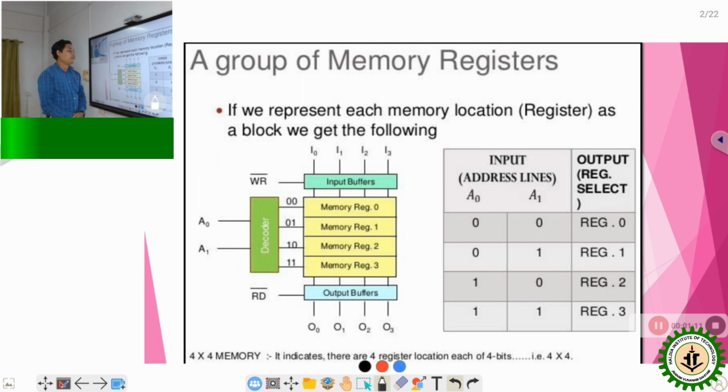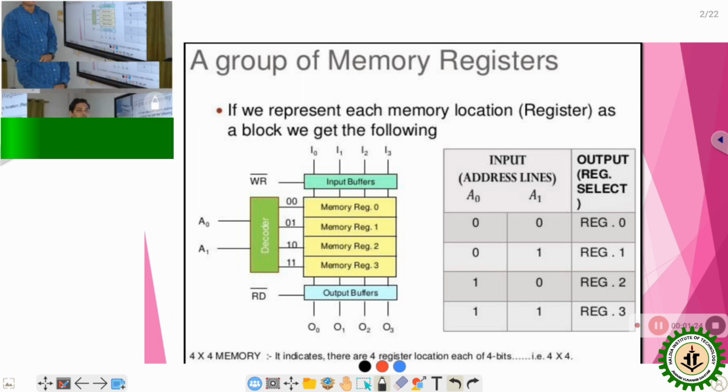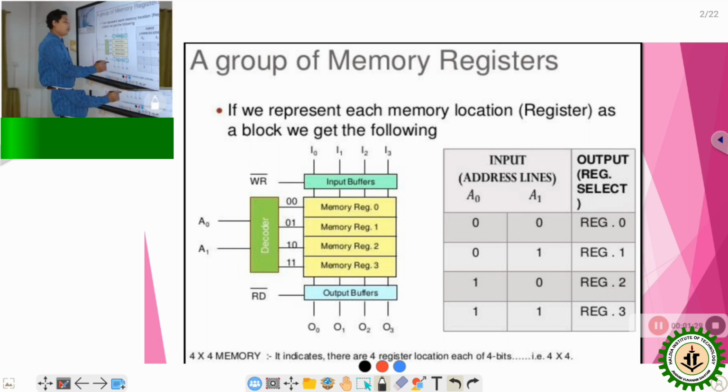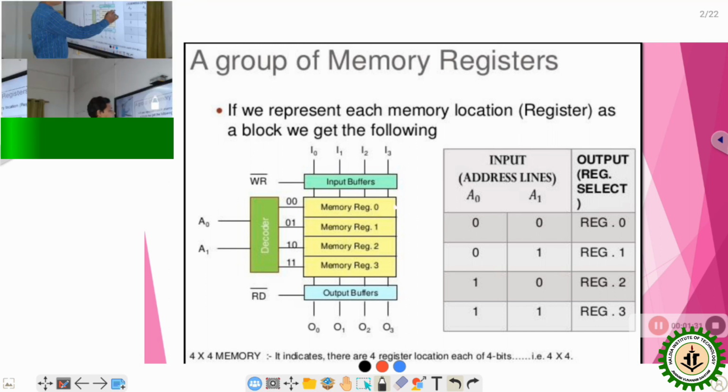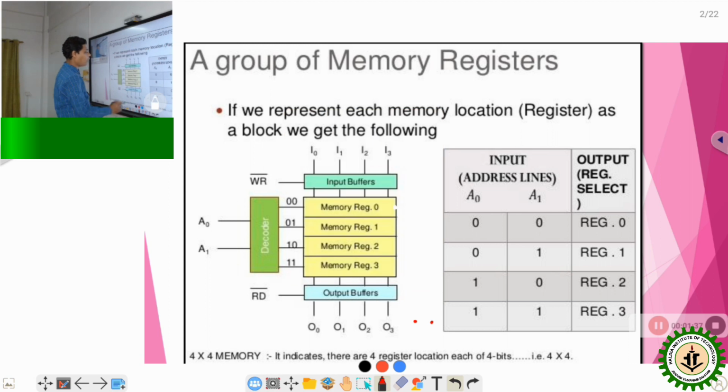In the last session, we introduced how, if there are multiple memory elements present, address lines are used to access an individual memory element, like one memory with 4 registers: register 0, register 1, register 2 and register 3.